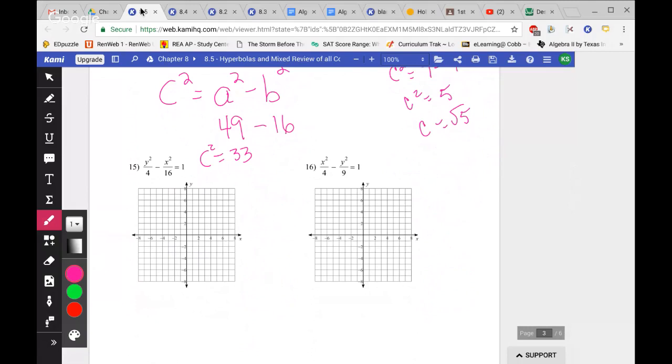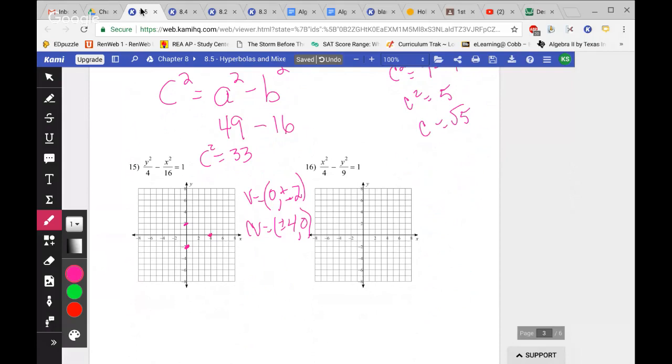So my vertices are going to be 0, plus or minus 2. And my co-vertices are going to be plus or minus 4, 0. And it is going to open vertically. So I'm going to go ahead and graph my vertices and my co-vertices.